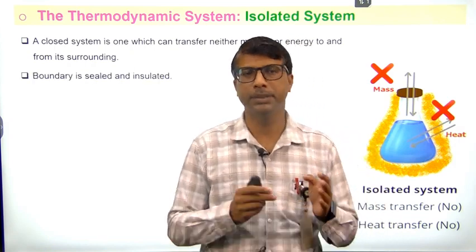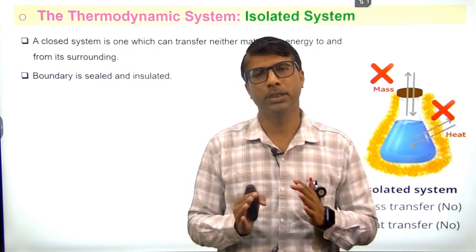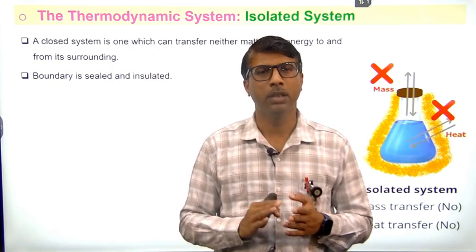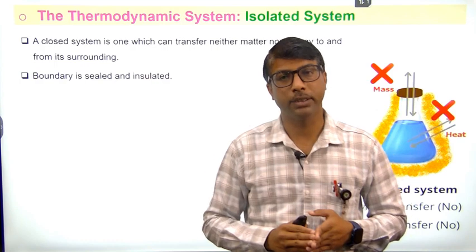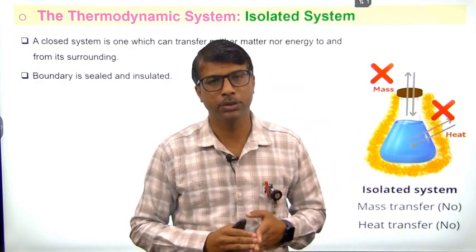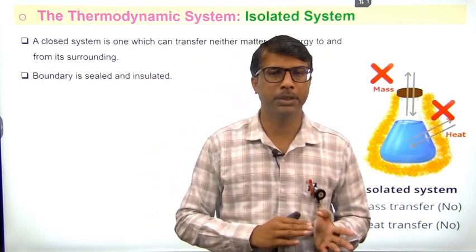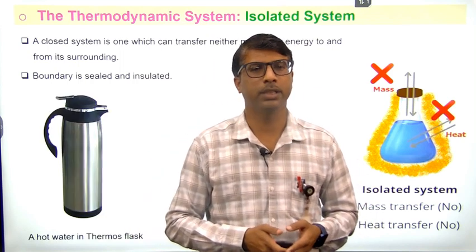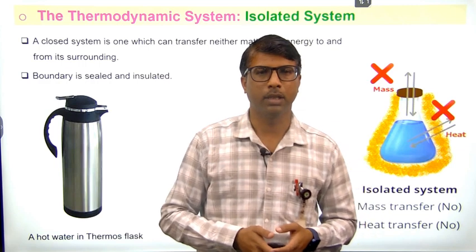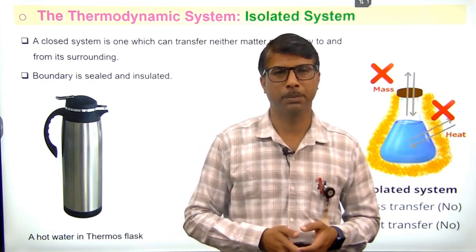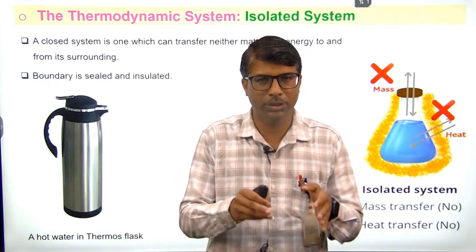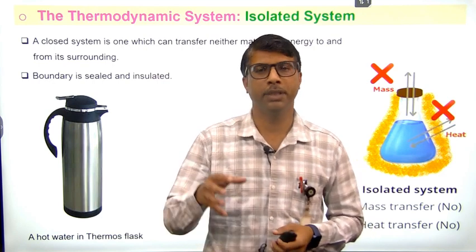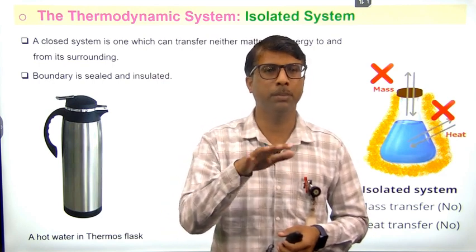In this, the boundary is sealed, so there is no exchange of matter with the surrounding, and it is insulated, so there is no exchange of energy with the surrounding. Another best example is hot water in a thermos flask. When we keep hot water in a thermos flask and close it, we seal the boundary.